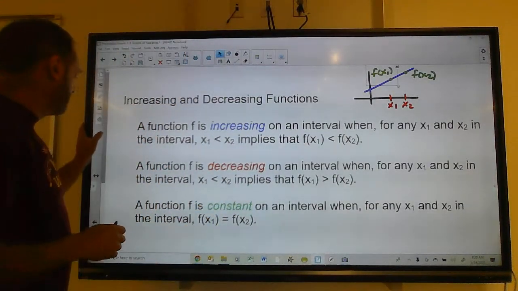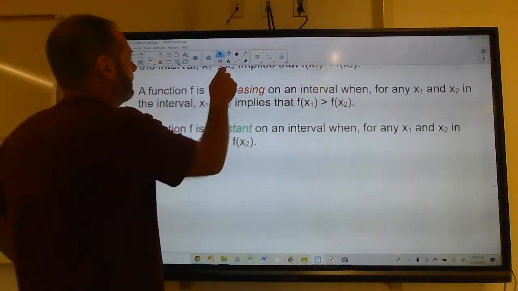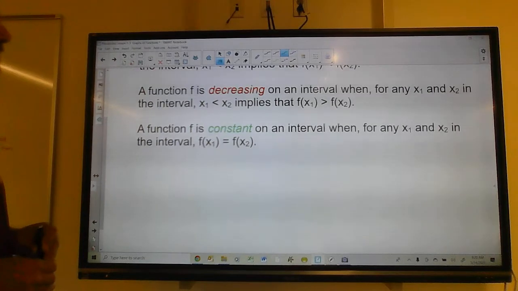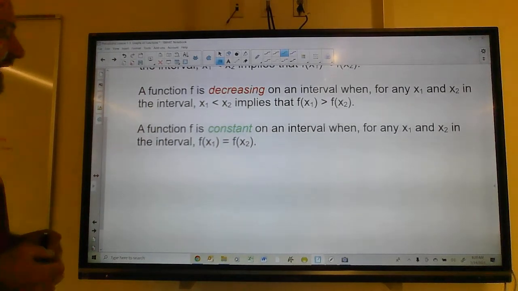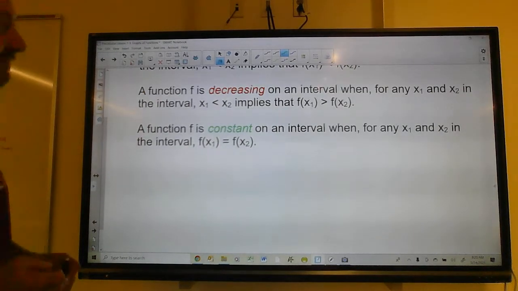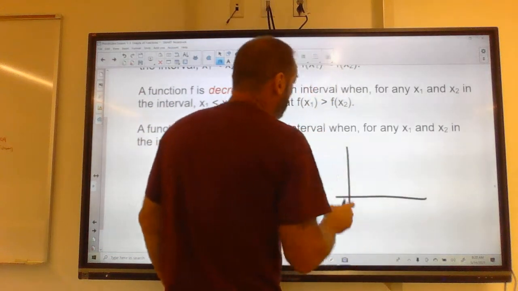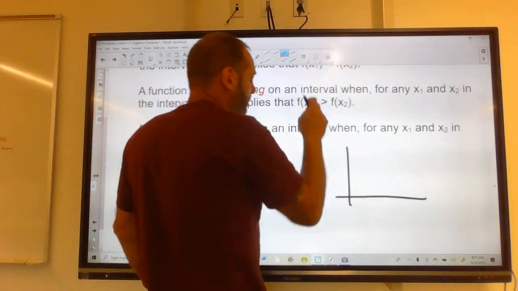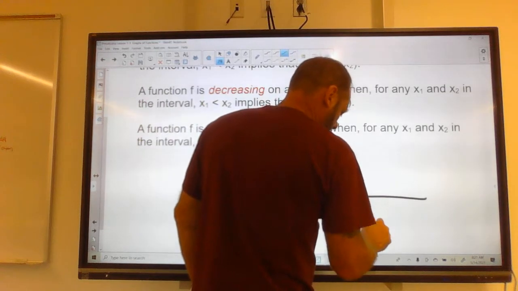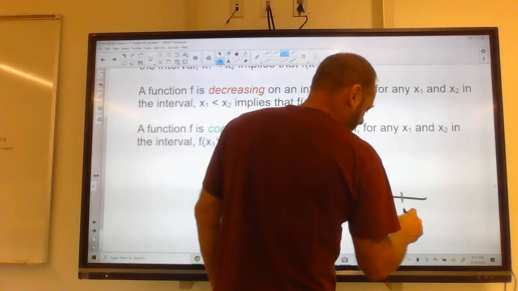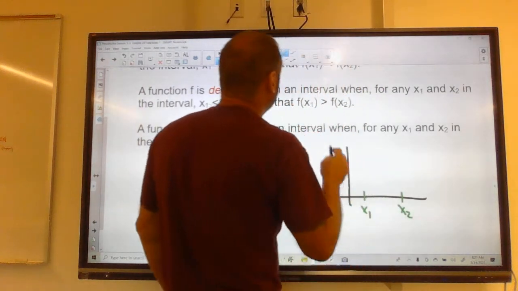So let's look at a decreasing function. Well, that's just going to be the opposite. So a function f is decreasing on an interval when for any x1 and x2 in the interval, x1 being less than x2 implies that f of x1 is greater than f of x2. So that would be a situation like this. So I would have an x1 here, and I would have an x2 here.